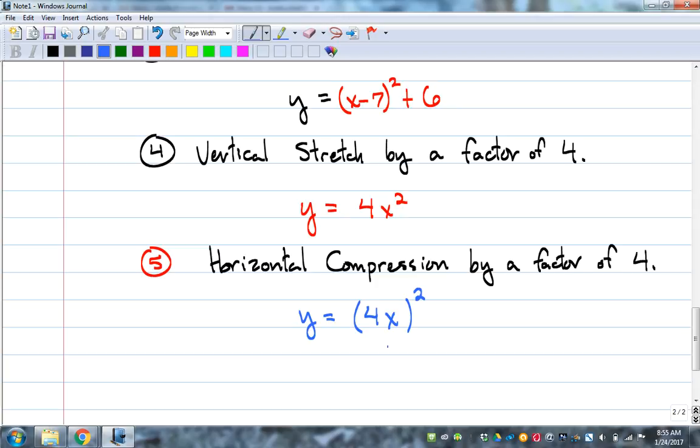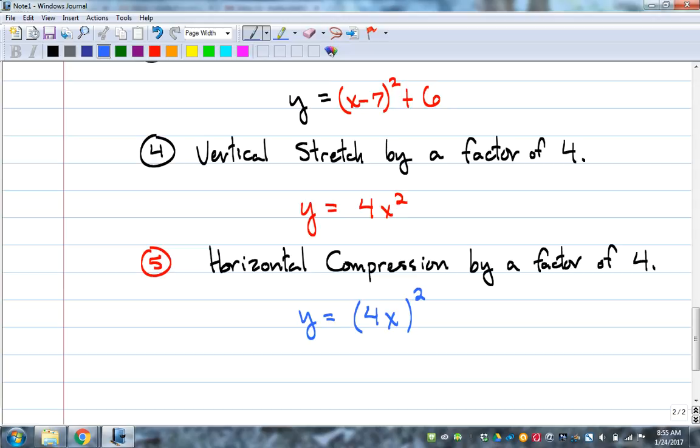What vertical stretch would be the same thing as that? This is where it gets interesting to me. If this is a horizontal compression by a factor of 4, what vertical stretch would be the same problem? The graph would look the same. Can you simplify this with algebra?